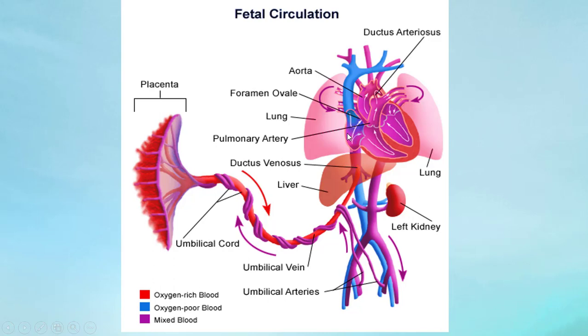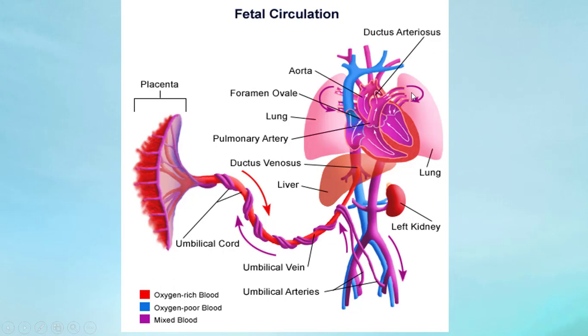From the right atrium, this blood enters the left atrium through an opening known as foramen ovale. From the left atrium, this blood enters the left ventricle, and from the left ventricle into the aorta, and from the aorta to the whole body, which contains mixed blood. This is the blood flow.